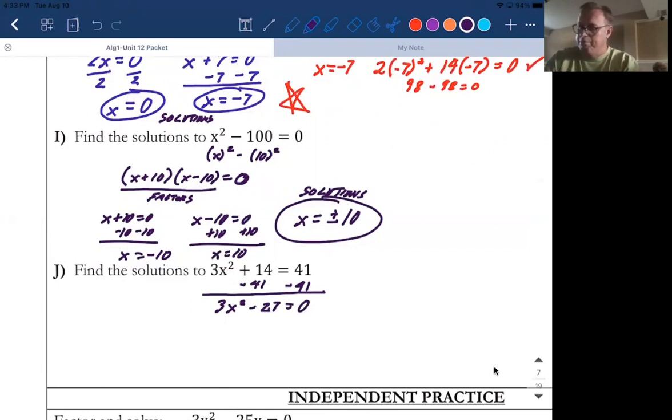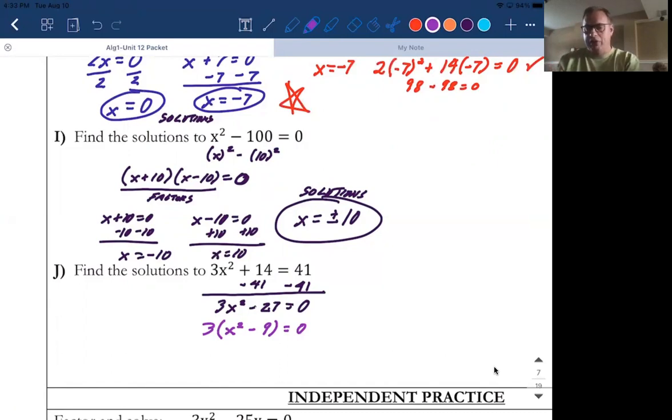So I had to actually do an extra step there. Looking at 3x squared minus 27, they both have a 3. That's the greatest common factor. So if I take a 3 out, that'll leave me with x squared minus, and 3 times 9 is 27. Notice it's still equal to 0.